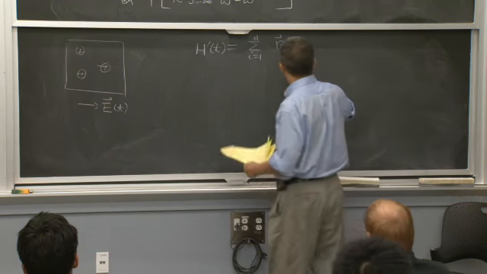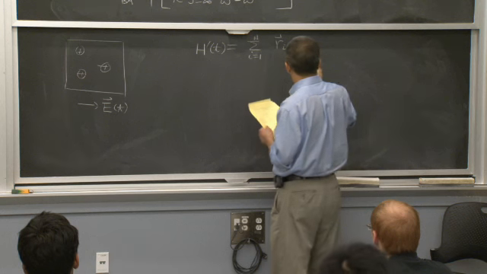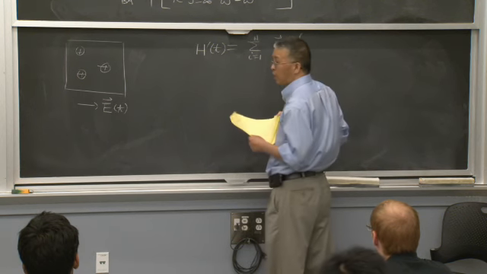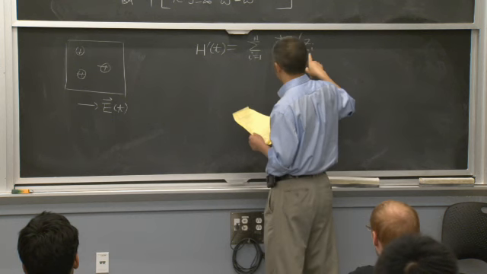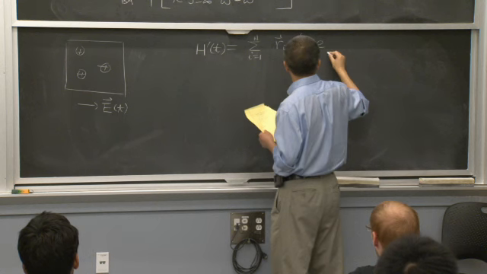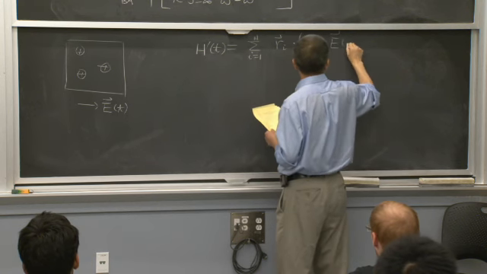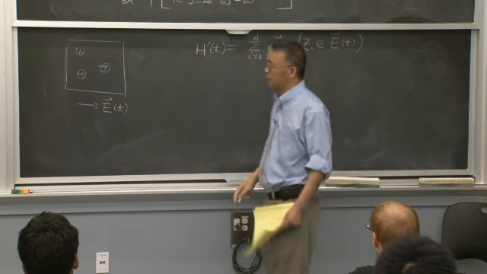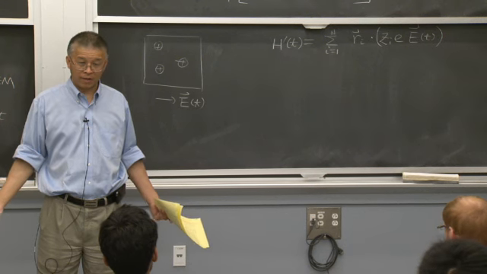So it's Ri, and then the force involves the charge. The ith ion has charge Zi, and I have E, which is a function of time, right? This is the perturbation.